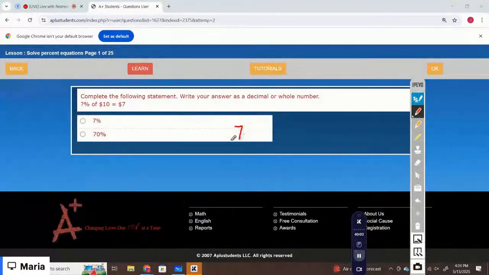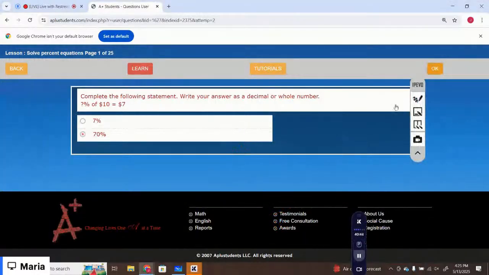Part divided by whole equals n over 100. n equals 7 times 100 over 10. That is 700 divided by 10. n equals 70. So the correct option is option number 2, that is 70%.